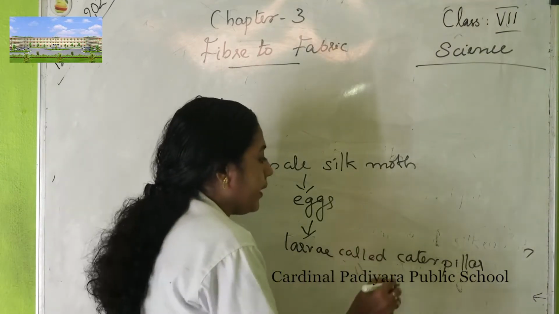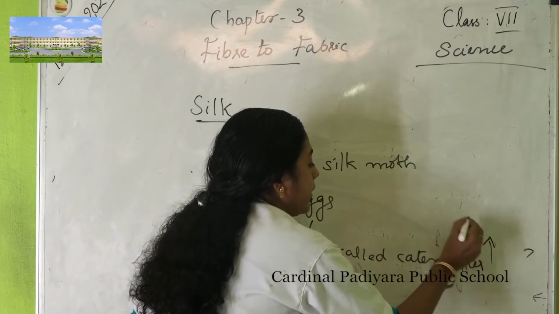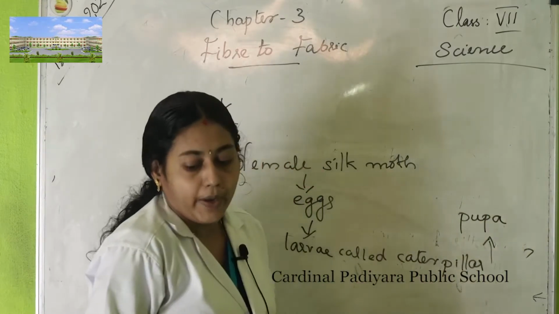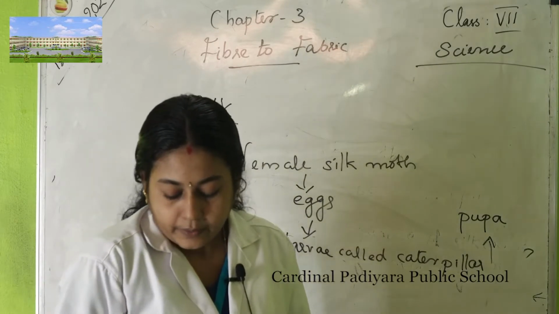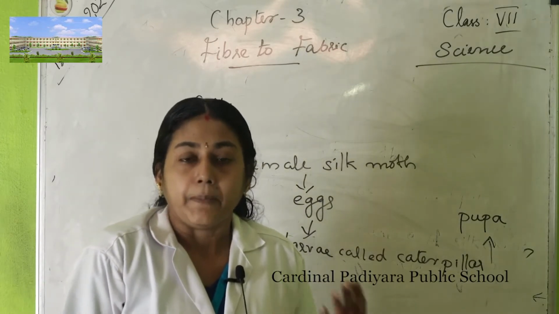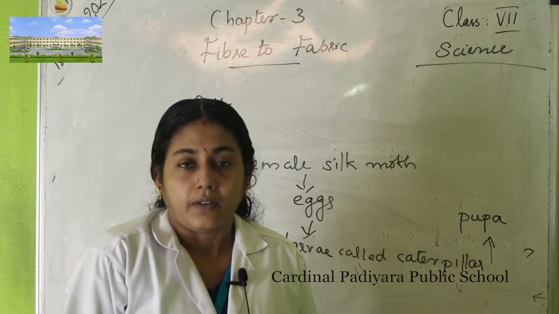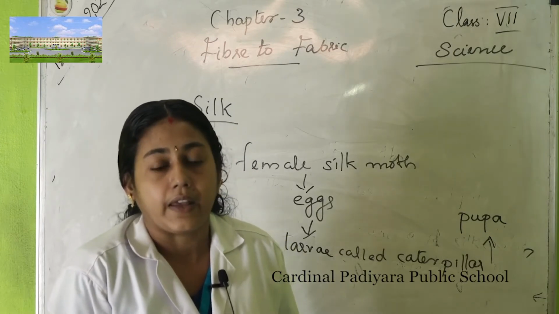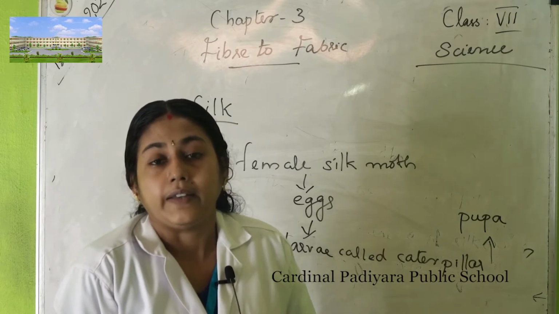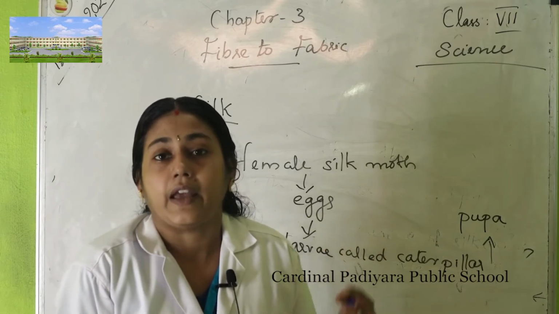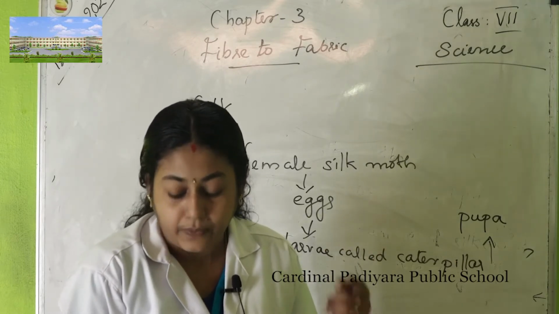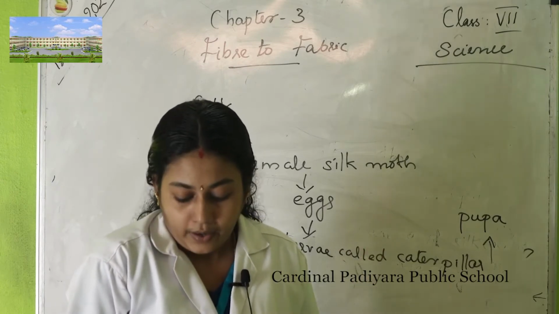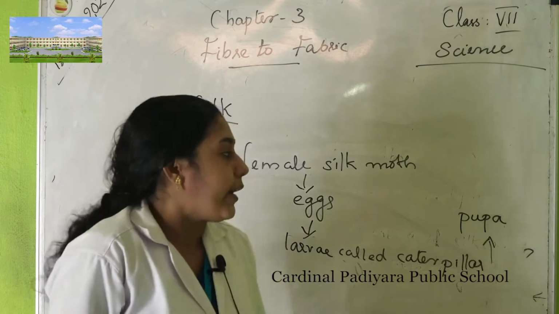When it becomes a pupa, what does it do? It spins a net around itself, weaving it around its body in the form of a figure 8.